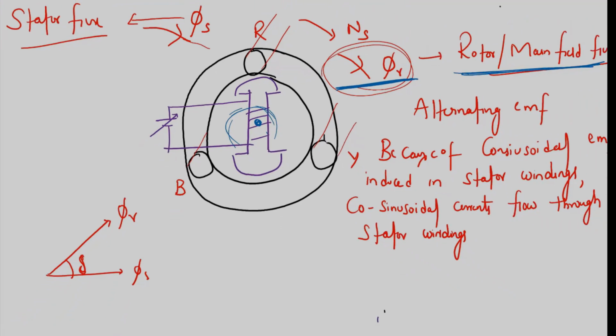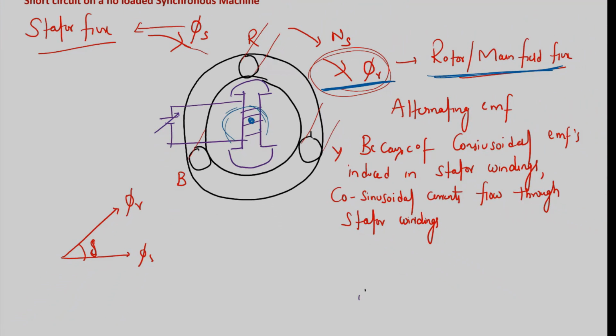Because of this rotating flux, EMF is induced in the stator windings, which again induces AC currents flowing through the stator windings. Because of these AC currents flowing through the fixed stator conductors, one more flux is generated, called stator flux, which is also rotating at synchronous speed in the same direction as the rotor flux.